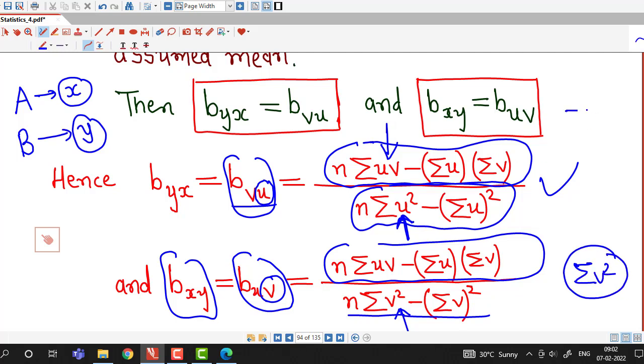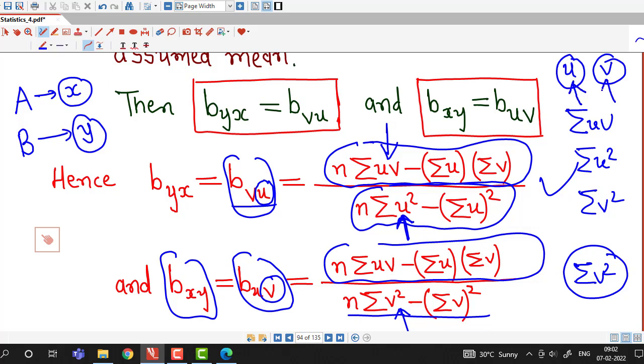We will require sigma u into v, then sigma u square, sigma v square, and sigma u and sigma v we will obtain by summing values of u and v. So first column will be for u, second column for v, third column for product of u and v, then square of u and square of v.